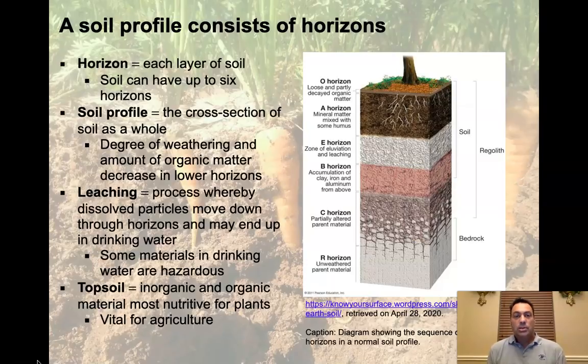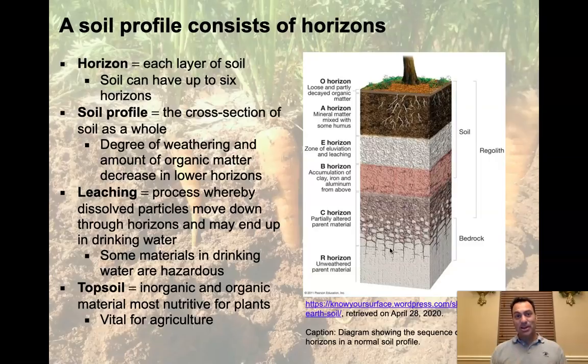So when we look at soil, we usually imagine just the stuff up here at the top. So here we actually have a cutaway of an imaginary earth where we got a tree with the roots coming in. And we usually think about that black or brown material up at the very surface, okay? But it turns out when we go below it, there's layers down below. And those layers aren't called layers when we're talking about soils.